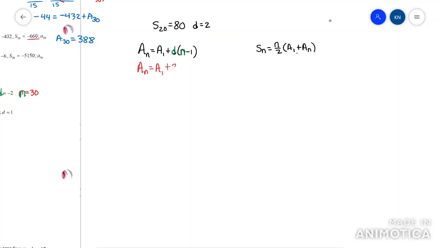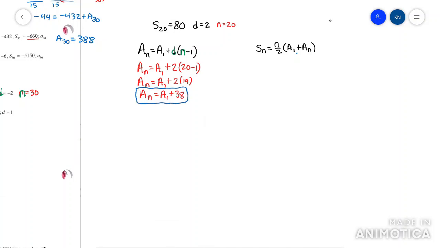But you do know that the rate is 2 when the number is 20. So AN can basically be called A1 plus 2 times 19, which is 38. This will be blue box, the substitution.